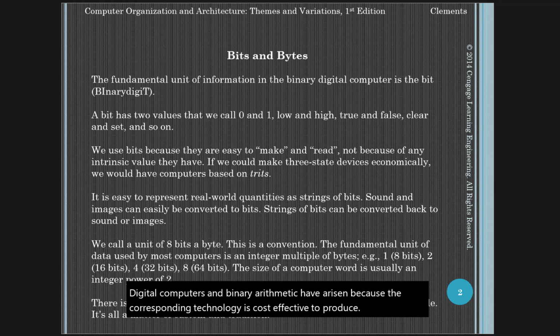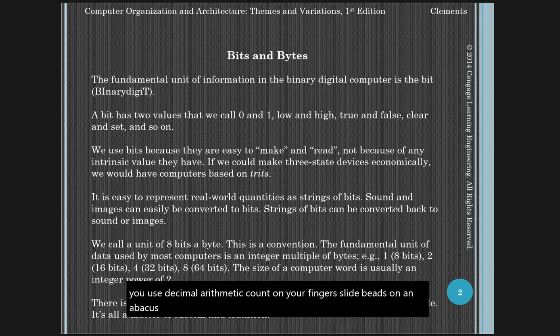Computer arithmetic is the same as everyday arithmetic, right? If you have 7 apples and you eat one, you have 6 apples. So whether you use decimal arithmetic, count on your fingers, slide beads on an abacus, or use a computer, the result is going to be the same.